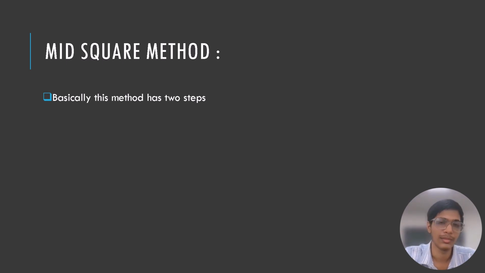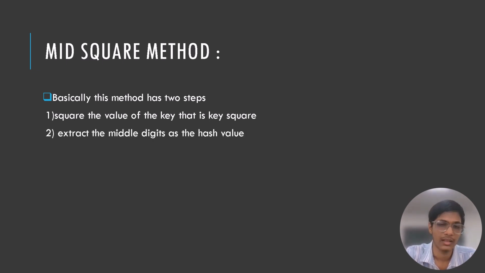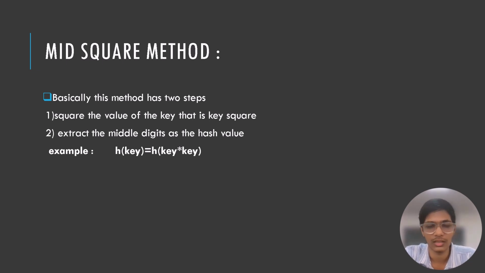The second method is the mid-square method. Basically, it has two steps. Let us see them step by step. First, square the value of the key, key squared. Second, extract the middle digits as the hash value. These two steps are important to follow in this method. Example: here we can see h(key) = h(key squared).